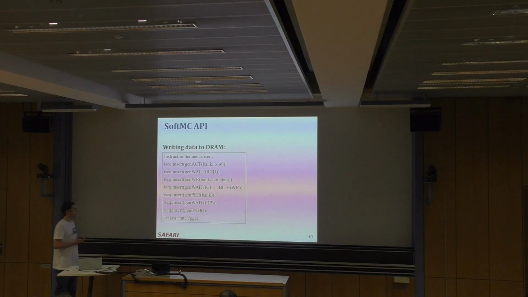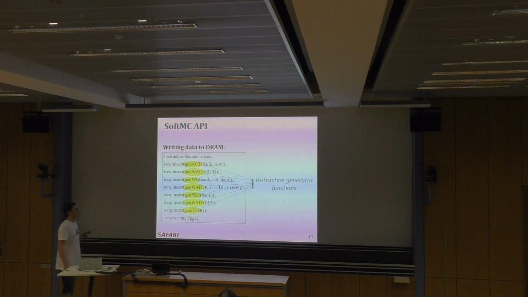This is how it would look to write data to DRAM using the SoftMC API. I won't go into too much detail, but here basically we have structures that generate DRAM commands.